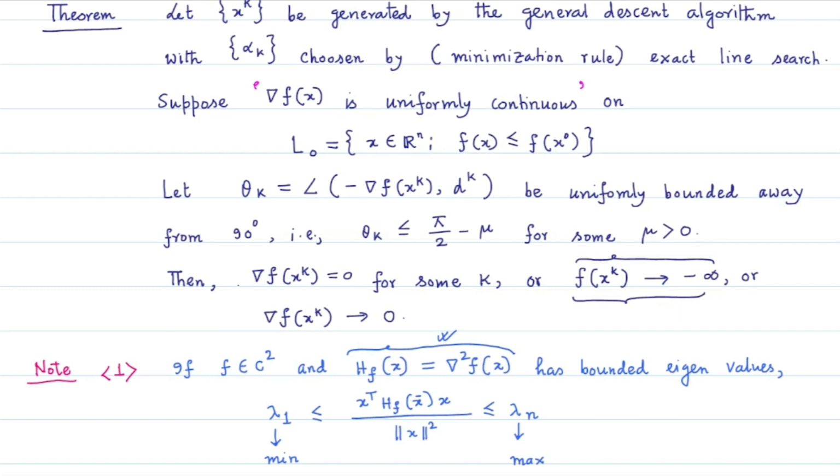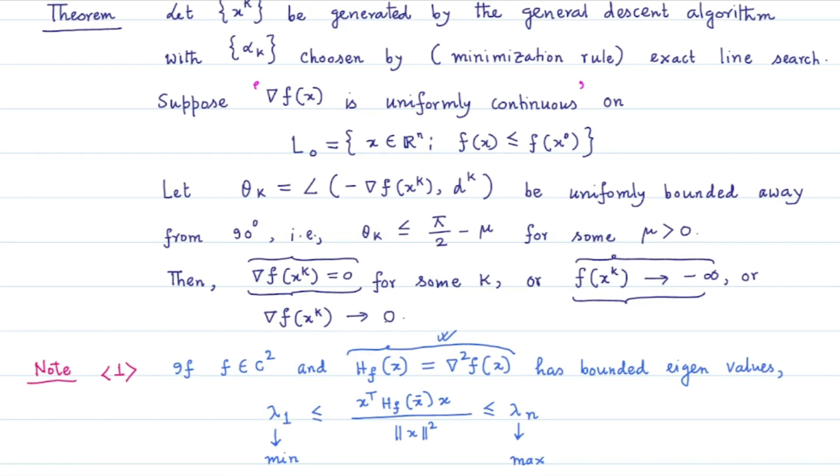We also assume that this grad f(xk) is not equal to 0 for any k. If it is equal to 0 for some k, then you have proved the result. So we are assuming these two conditions, that grad f(xk) is not null for any k, and also that f(xk) is not converging to minus infinity, or the sequence f(xk) is bounded below. Given these two assumptions, we will go for proving that this gradient f(xk) converges to the null vector.